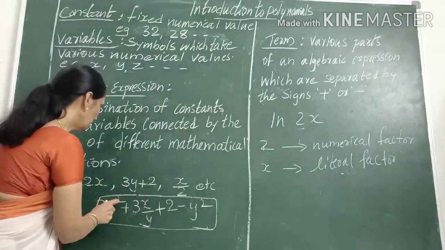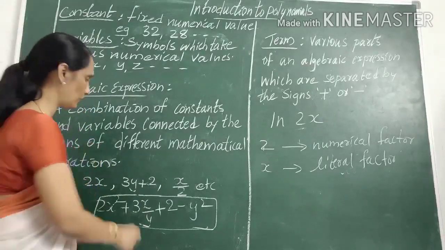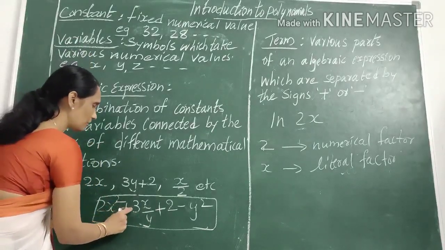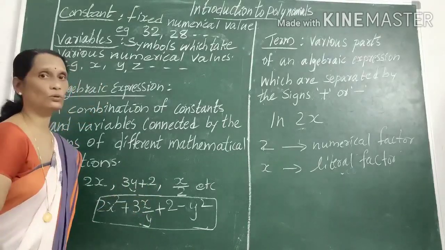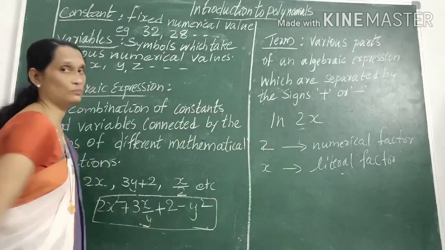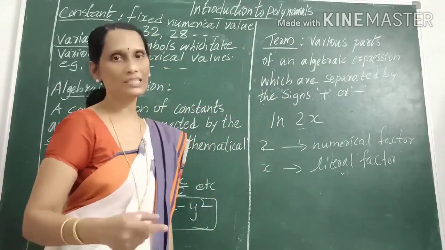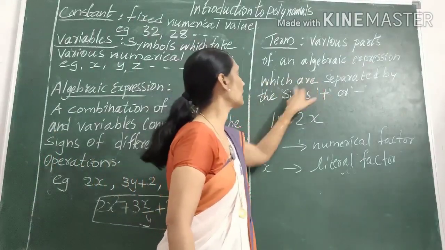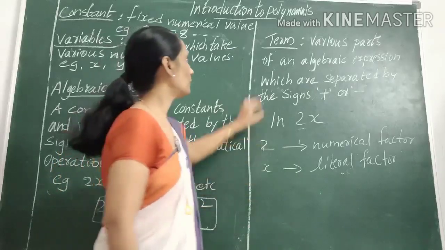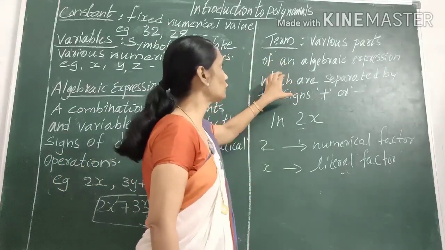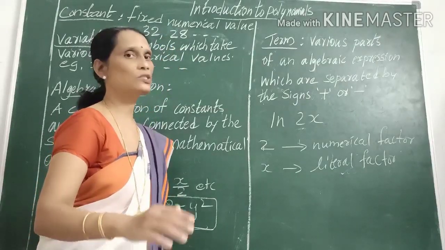You take the part before or after the plus symbol or minus symbol as one term. After that plus symbol, the one that comes is another term, and so on. Like this you can count the number of terms. So what is a term? Various parts of an algebraic expression which are separated by the signs plus or minus.